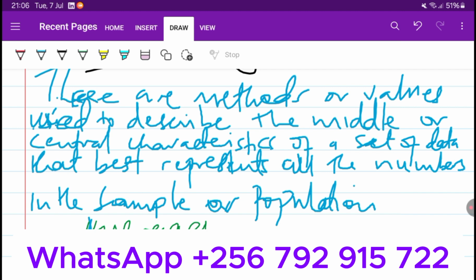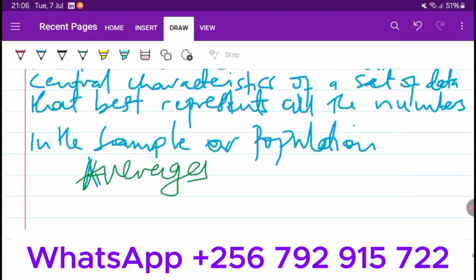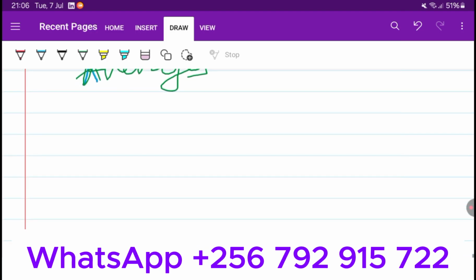How can we tell that this measure of central tendency is actually good? How can we tell that it is a measure that we can use to determine the central value?